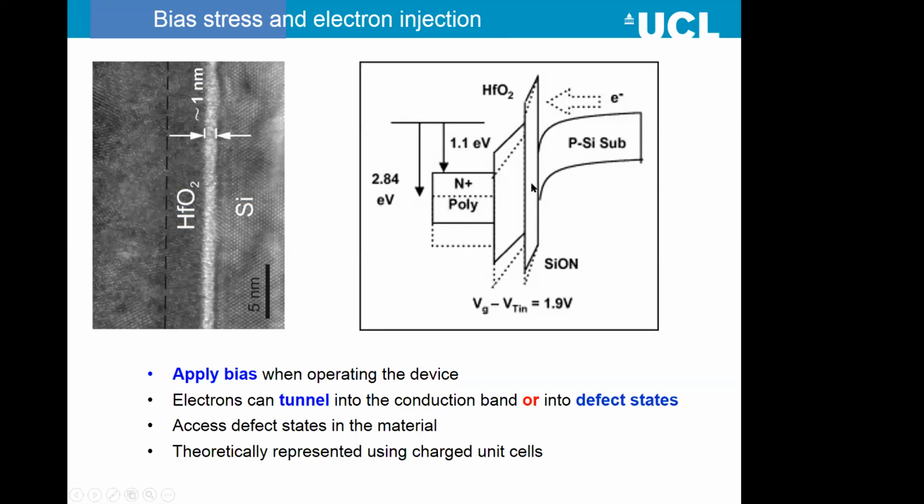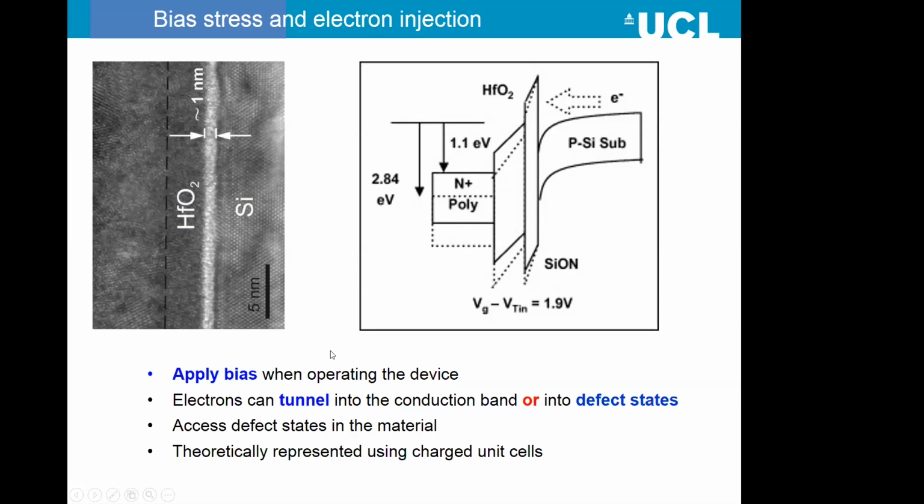Very similar to the way Jochen has been describing. If there are defects inside these oxides, then electrons may tunnel into the defect states and then tunnel into the electrode. This is called trap-assisted tunneling, meaning that electrons jump between different defects, like you would jump on stones to cross a stream.